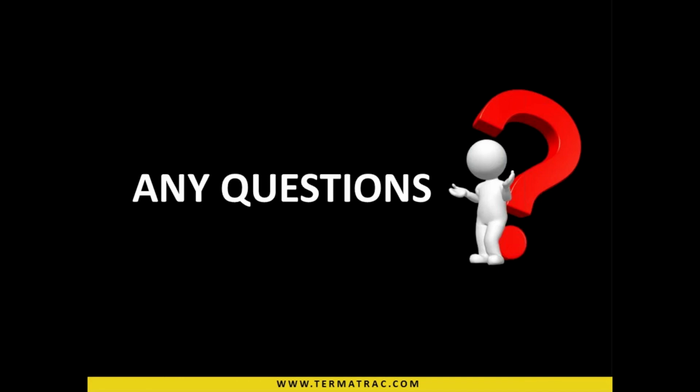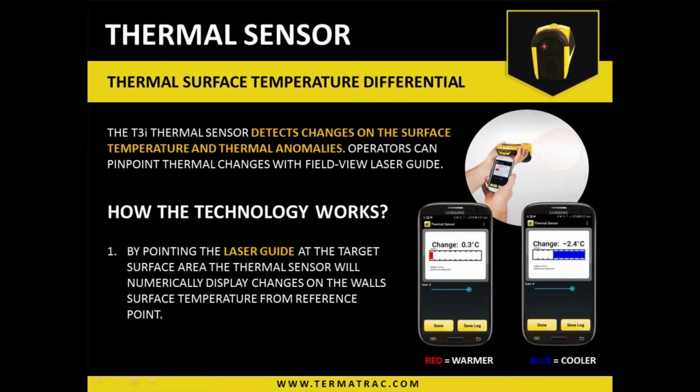So we will move forward and go on to our third sensor. Okay, so the thermal sensor is the final sensor on the Termite unit that we will discuss here. Thermal technology is becoming more widely used within our industry. There's a few misconceptions about thermal technology.